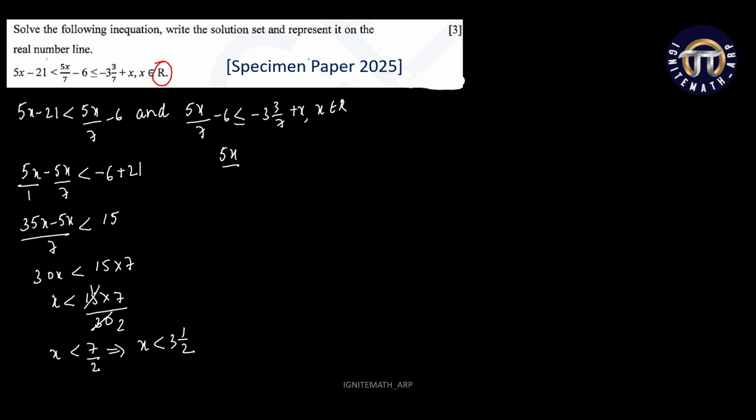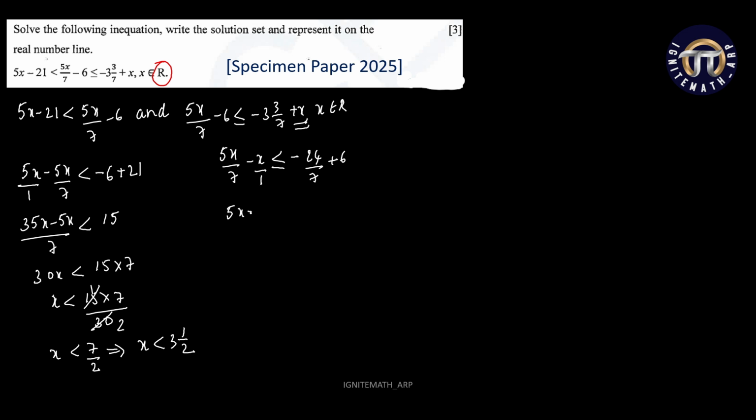So that is 5x by 7. Here it is, so I will take the x to the other side. Minus x is smaller than or equal to, this can be written as minus 21 plus 3 is 24 by 7 plus 6. Clear? Nothing is there means 1 is there.